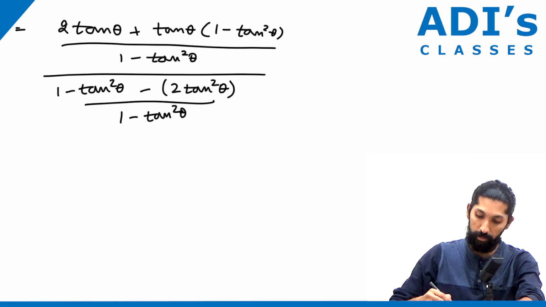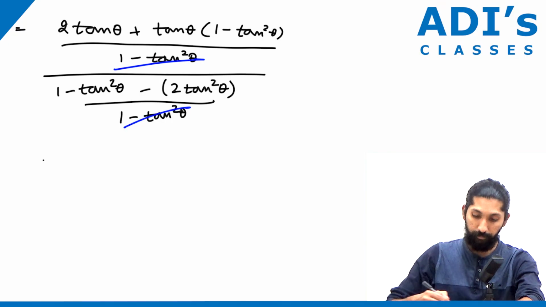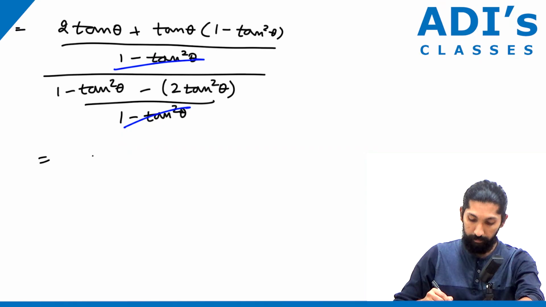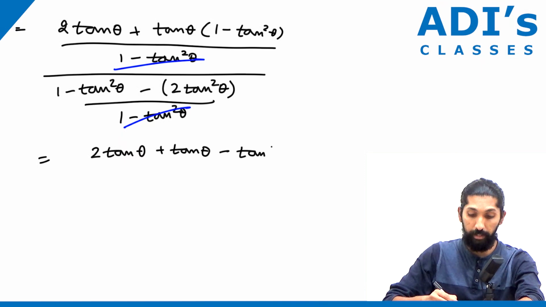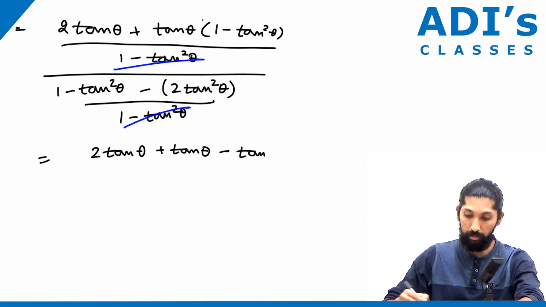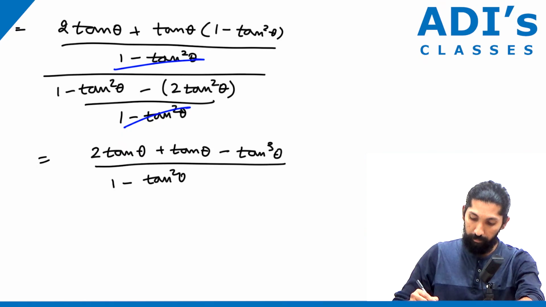Cancel off the 1 minus tan square, 1 minus tan square. Numerator: 2 tan theta plus tan theta minus tan theta into tan square is going to be tan cube, correct? Whole over 1 minus tan square theta minus 2 tan square theta.